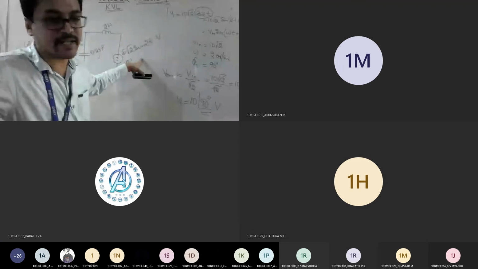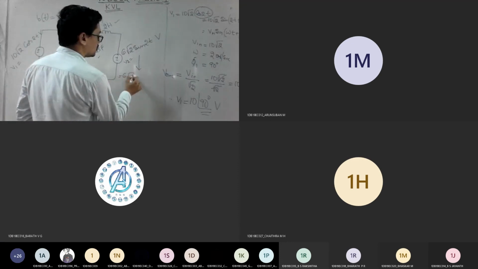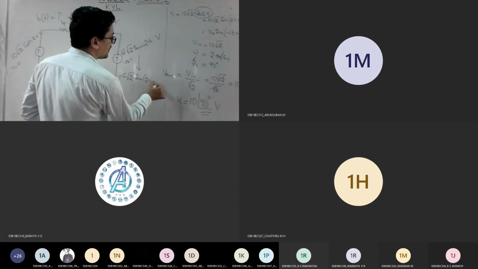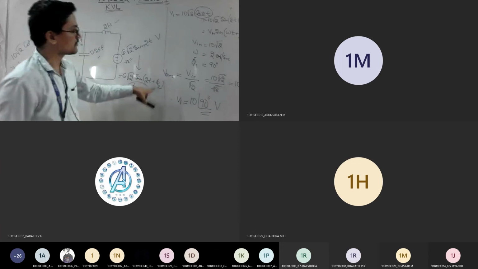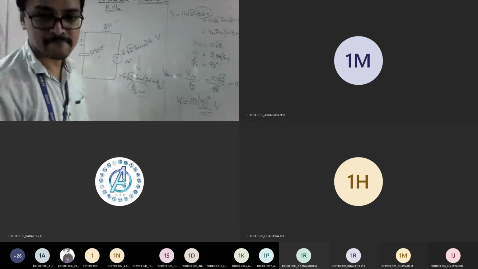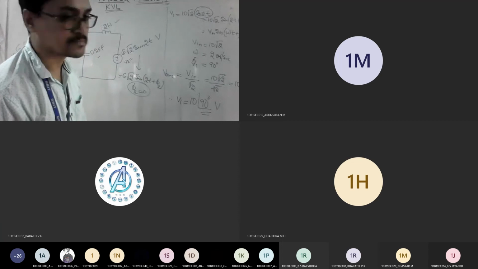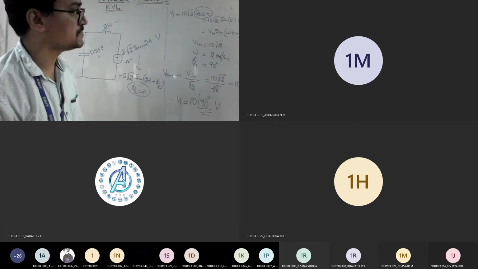This is already in terms of sine. So I can write 6 root 2 sine of 2t plus phi 2, so phi 2 is equal to 0. Can I? Everyone understood or not? Is it fine till here?